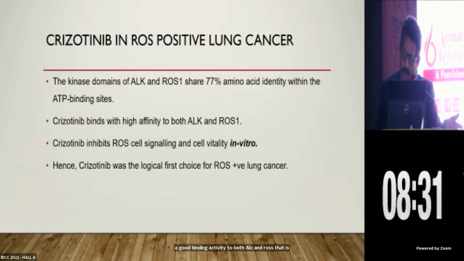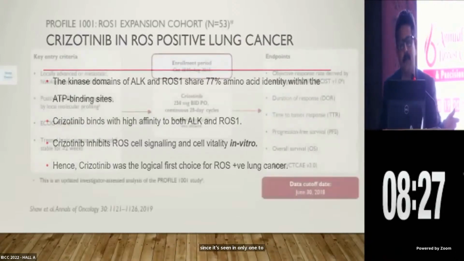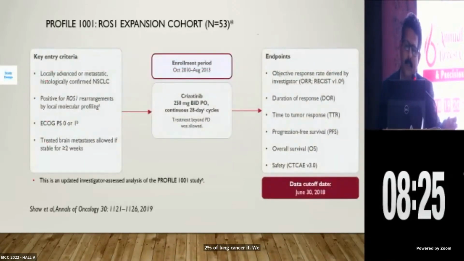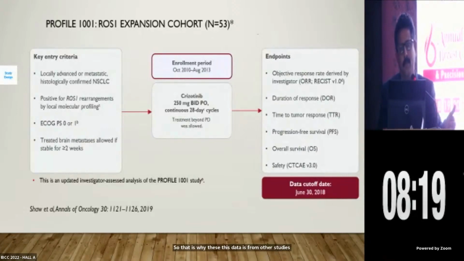Since it's seen in only 1 to 2% of lung cancers, we cannot have large studies for ROS positive lung cancers. So this data is from other studies in which the ROS positive subset has been studied. This is from the PROFILE 1001 study. It was for ALK and ROS both, but the ROS cohort was only 53 patients, locally advanced, good performance status.